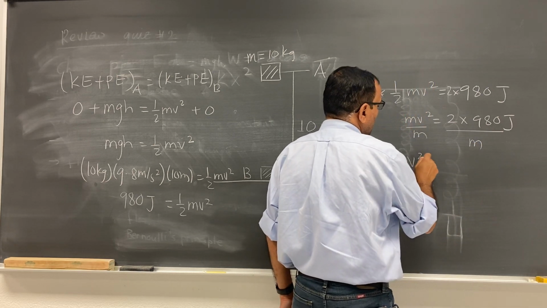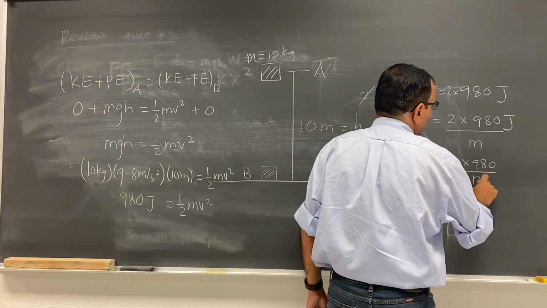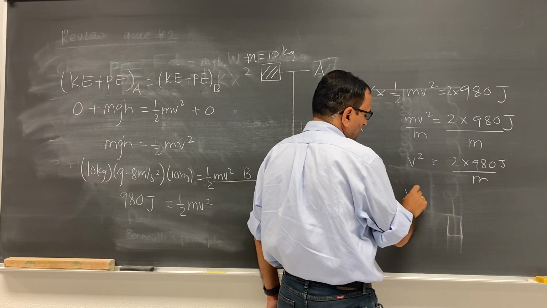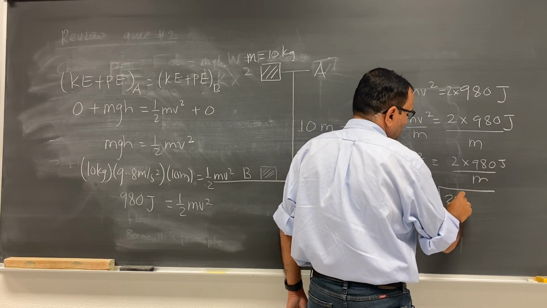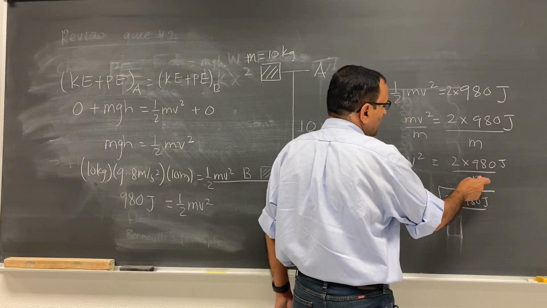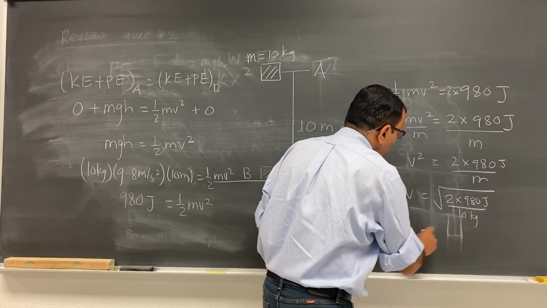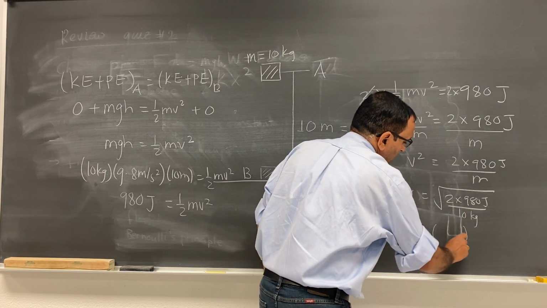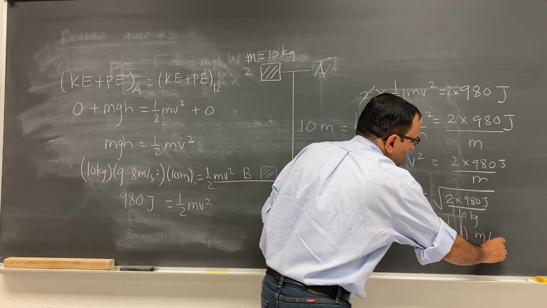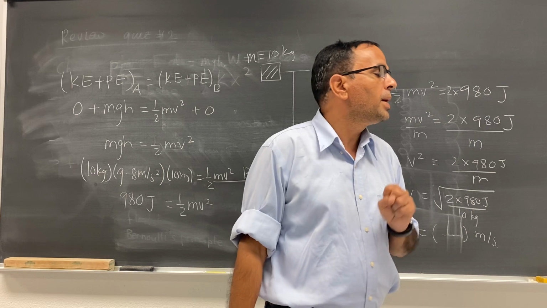So v squared equals 2 times 980 divided by m, and v is the square root of 2 times 980 joules divided by m, which is 10 kg. Use your calculator and you get the speed in meters per second. So this is about the conservation of mechanical energy.